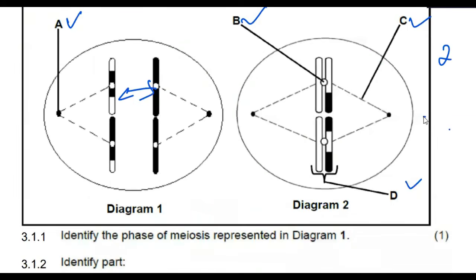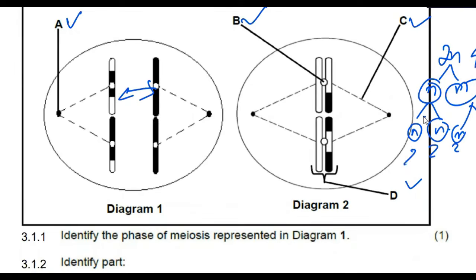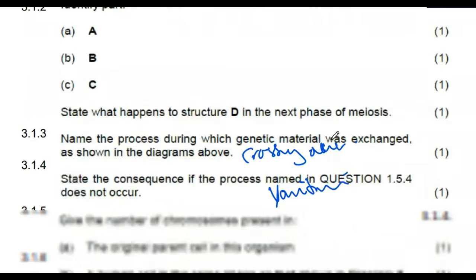So for example, you start with 2N, then you form 2 cells which are 1N, and then those 2 cells divide to form four cells, 1N each. So if you start with 4 here, it's going to be 2, 2, 2, 2. Therefore, the total number is 2. Please don't talk about 46 if they didn't say that this is a human cell.